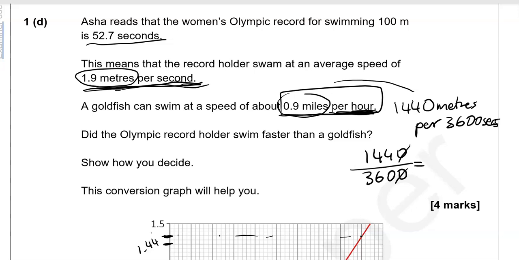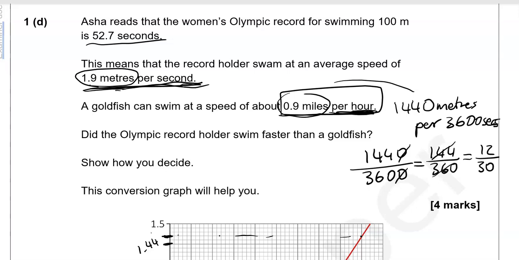So dividing both by 10, we get 144 over 360. We know that 144 is a multiple of 12 because 12 times 12 makes 144, so we can divide this by 12 to get 12, and again divide the 360 by 12 to get 30.